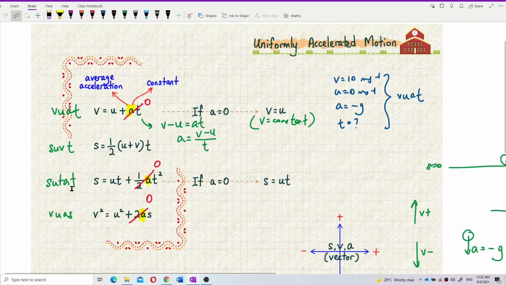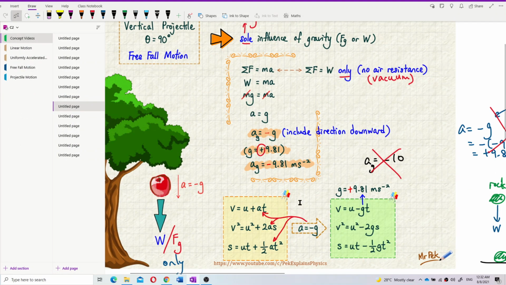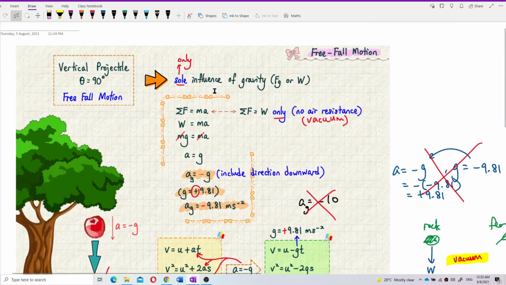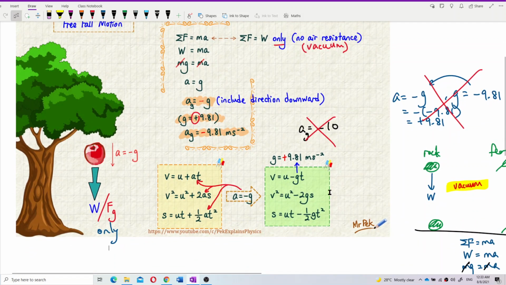We just use the same formulas for projectile motions. We use these four formulas even for free fall motion, just substituting a equal to negative g.